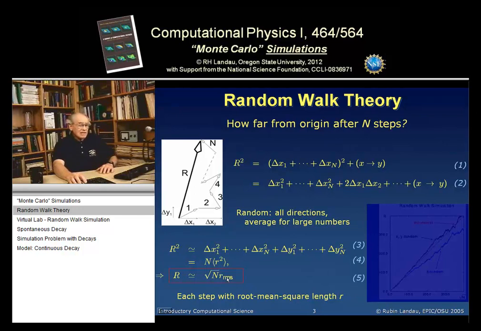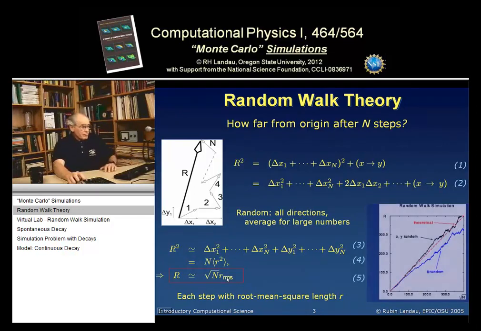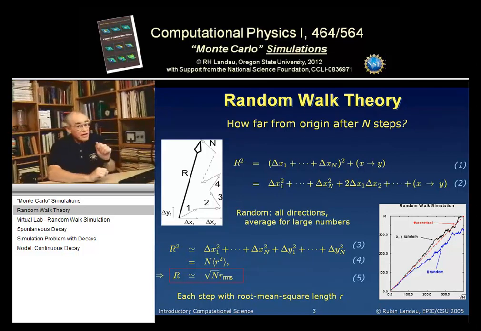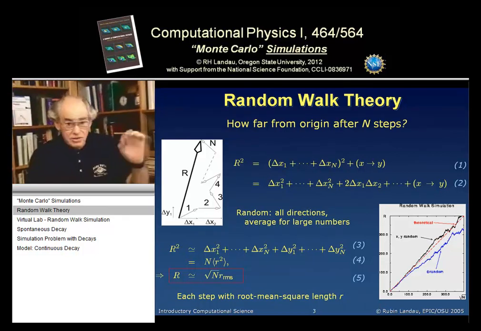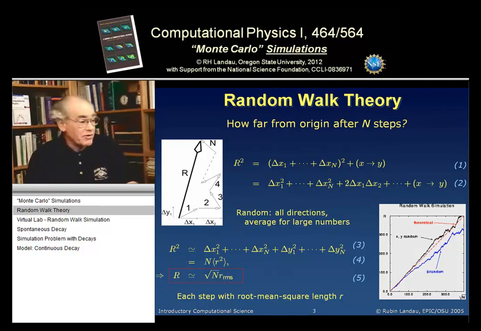So that says, on the average, the distance, so it's not the location, not the vector location, because on the average that's at the origin, but the average distance covered should increase like the square root of n.